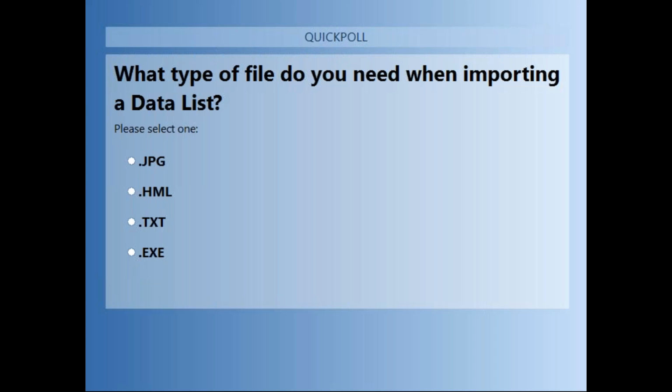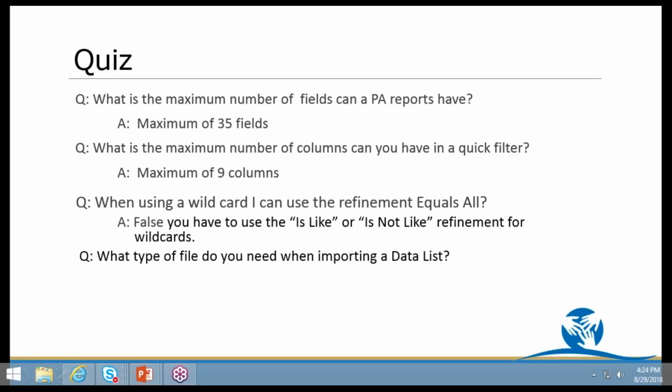Okay, about half the people answered it, so I'll close that. And it is a .txt file. So you want to make sure when you're importing your data list that it is actually a .txt file.